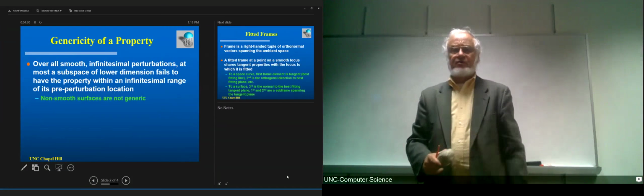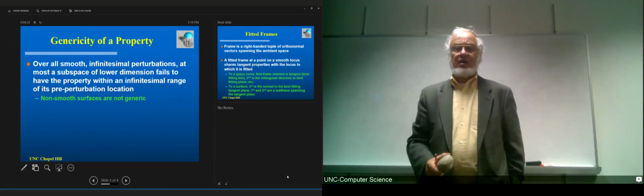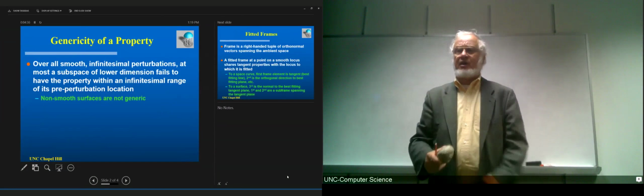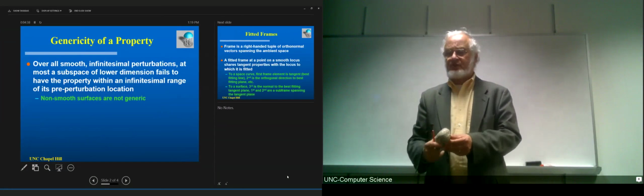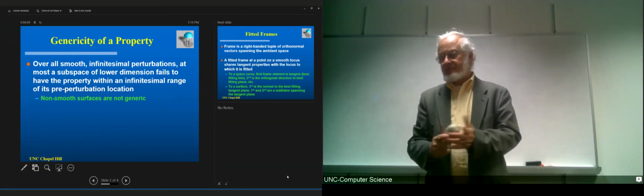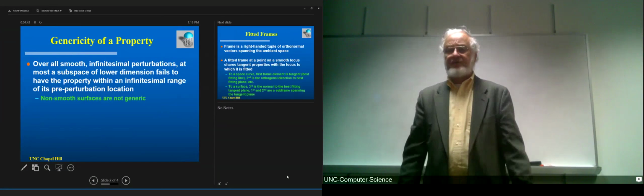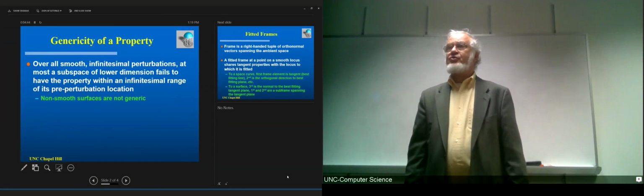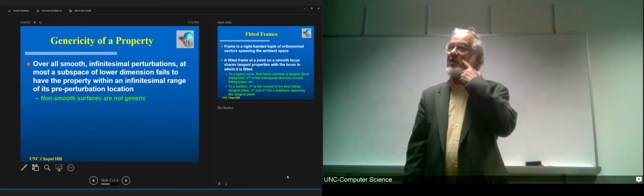Okay? So I said we're going to do it for generic surfaces. And I'm going to be using this term generic frequently, essentially because for all real world situations, those are the only ones we care about.